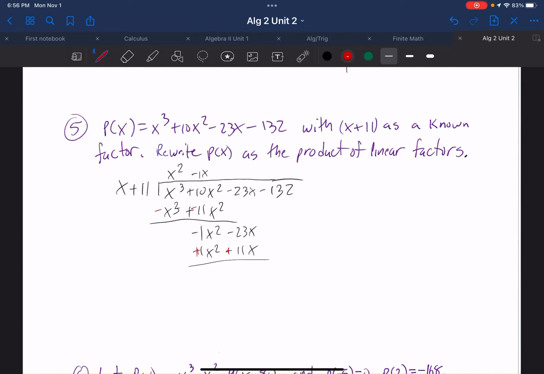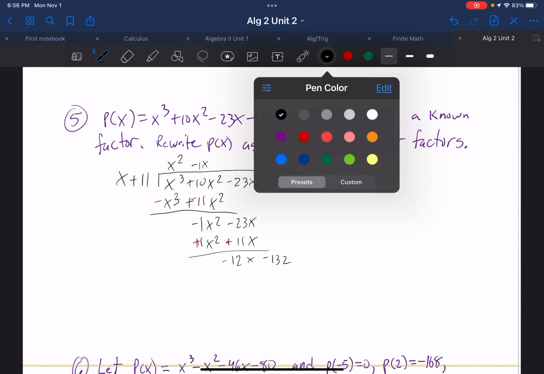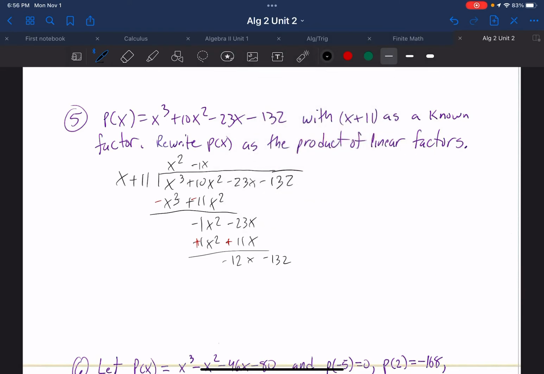And that's going to be -12x and then minus 132. So now I need a -12. So minus 12, that's going to be -12x, and then minus 132, because 12 times 11 is 132. So when I subtract that, it does zero out.